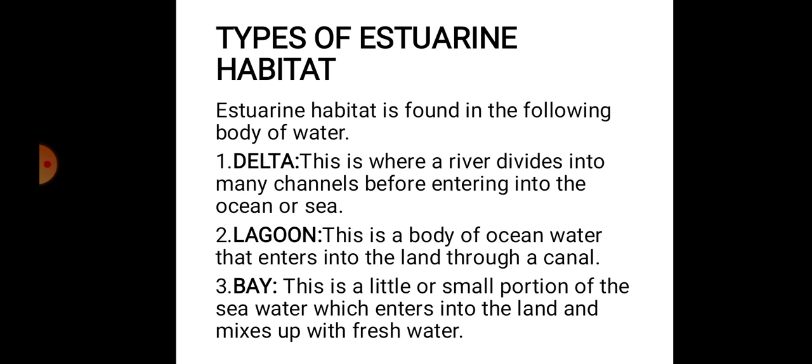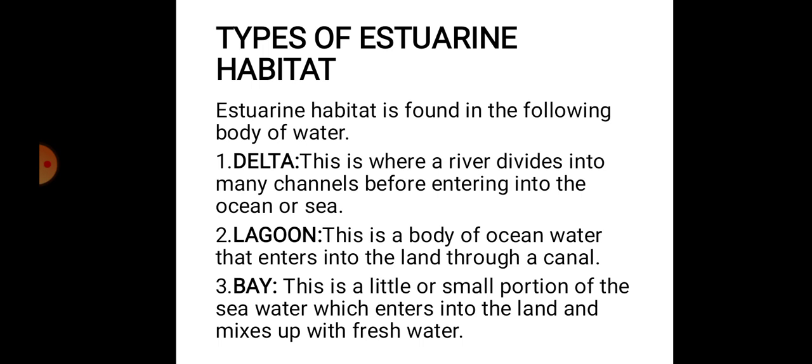Now, the difference between a bay and a lagoon is that a lagoon is bigger than a bay and it may be long enough to join the sea at another end, while a bay is very small and not long enough to rejoin the sea at another end. So if you trace the lagoon, you discover that it will join the ocean again, but a bay is not long enough to rejoin the ocean or the sea.